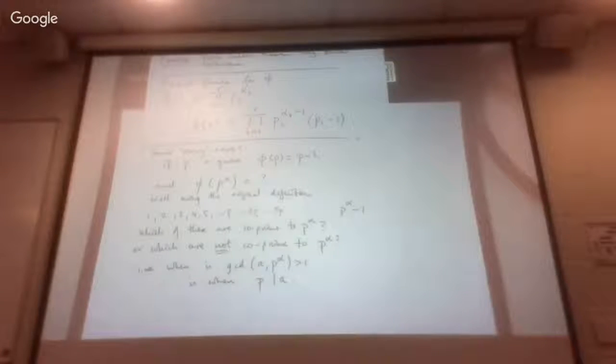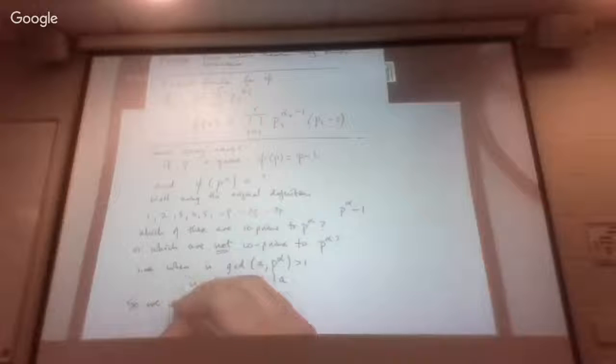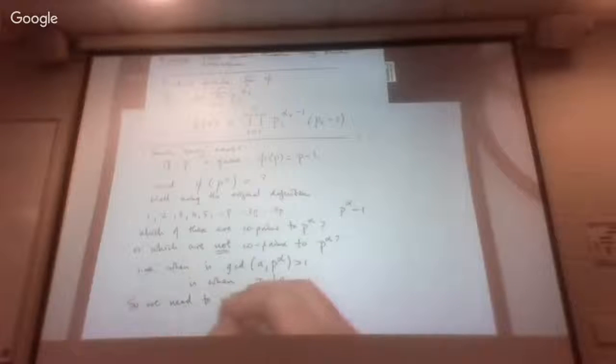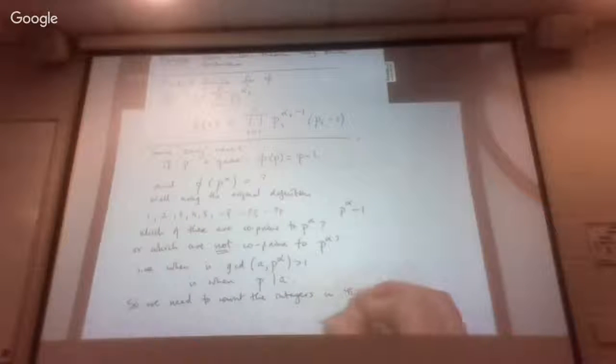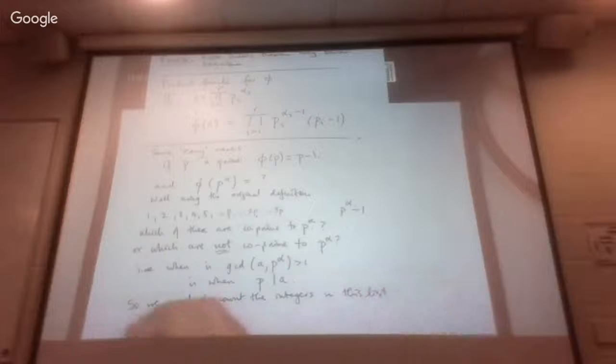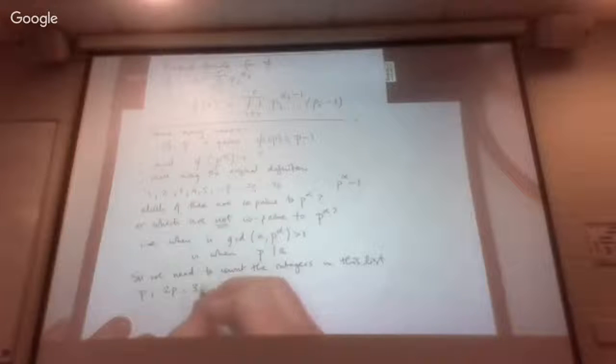Those are all the numbers that are divisible by p. So we need to count the integers in this list. So the first one that is not co-prime to p to the alpha is p. The next one is 2 times p. The next one is 3 times p, 4 times p.